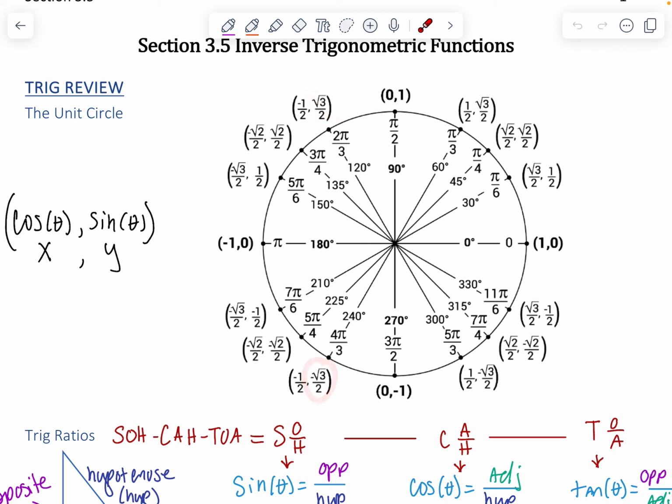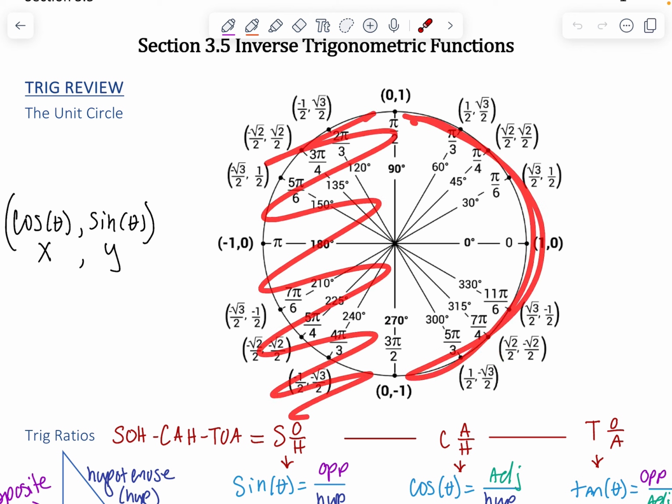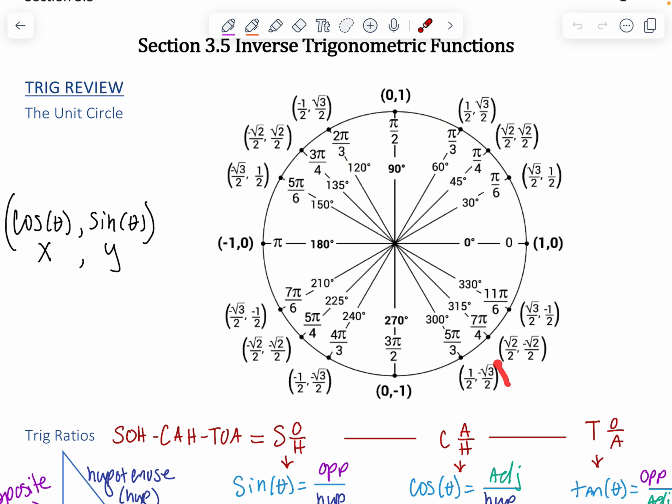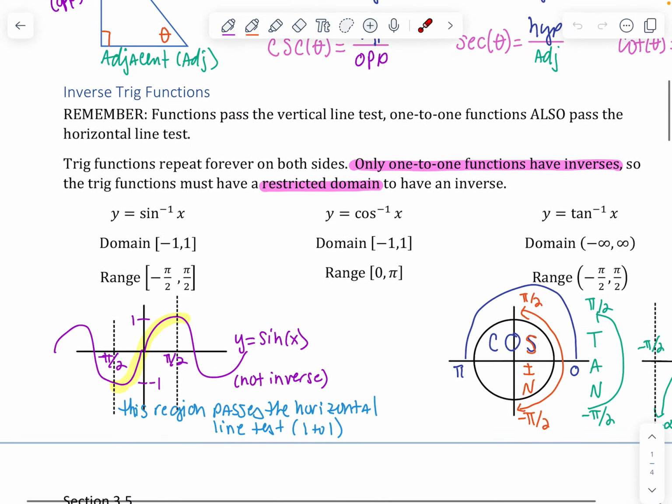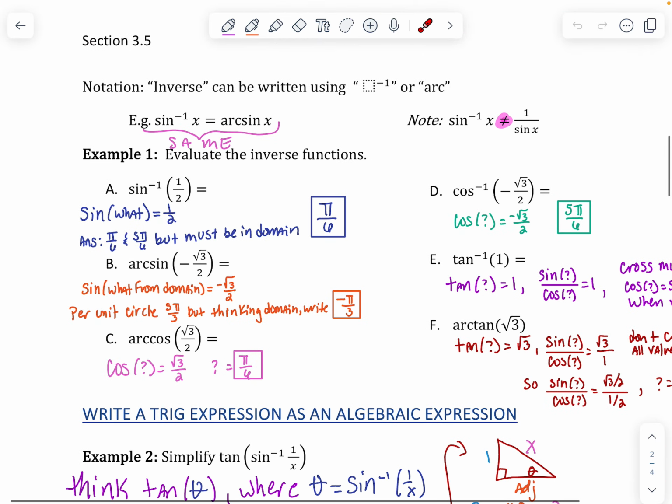Now here's -√3/2 and here's -√3/2, but we said it's only from these domains, the first and the fourth. So it feels like I want 5pi/3 to be my answer, which is what I wrote right here.